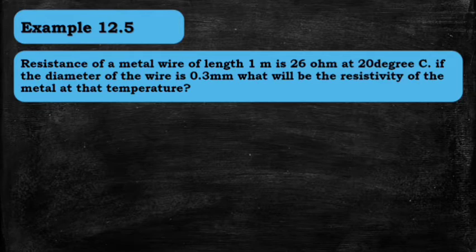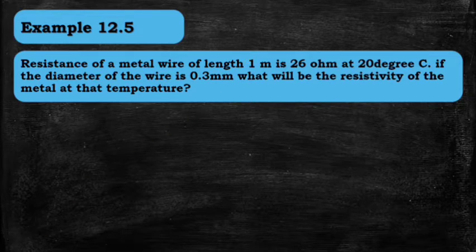At 20 degrees it is 26 ohm, at 40 degrees it may vary, so he is giving the temperature. If the diameter of the wire is 0.3 mm, what will be the resistivity of the metal at that temperature? Diameter of the wire means it will be a circle. It is having a diameter of 0.3 millimeter.